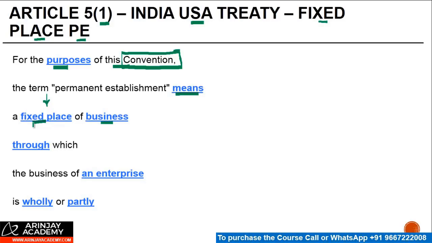Now, what is the fixed place of business? Now, that eternal debate in terms of whether business includes profession. Generally, a profession would not be included in business unless what you are carrying on alongside your profession has the nature of being a commercial activity. Now, what I mean by this is that, let's say we take the case of a doctor.